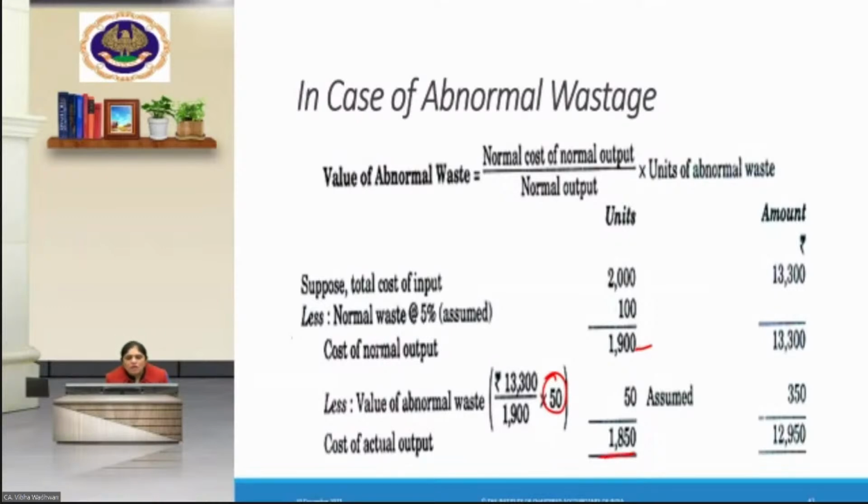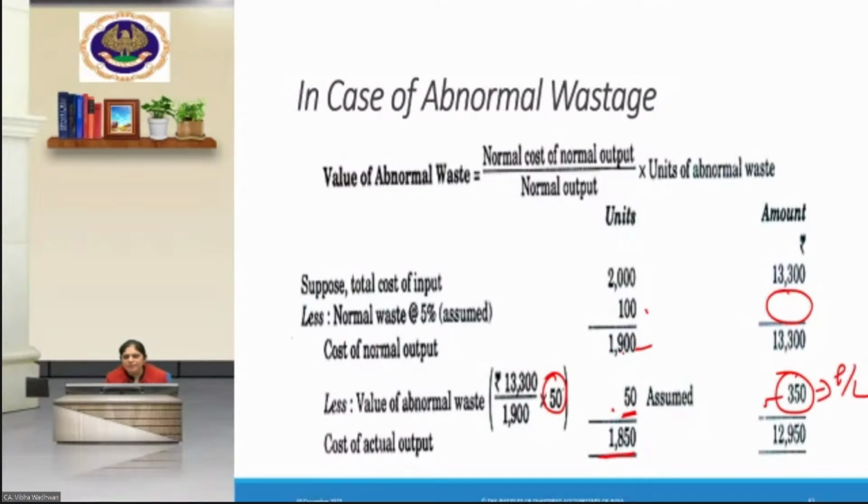All right. 100 cannot be avoided, but these 50 could be avoided. So we have not taken the value of the normal loss, but we always compute the value of abnormal loss. This will go to the P&L account. All right. So how will you calculate it? If the cost of 1900 units is 13,300, how much is the cost of 50? This way we have calculated 350.